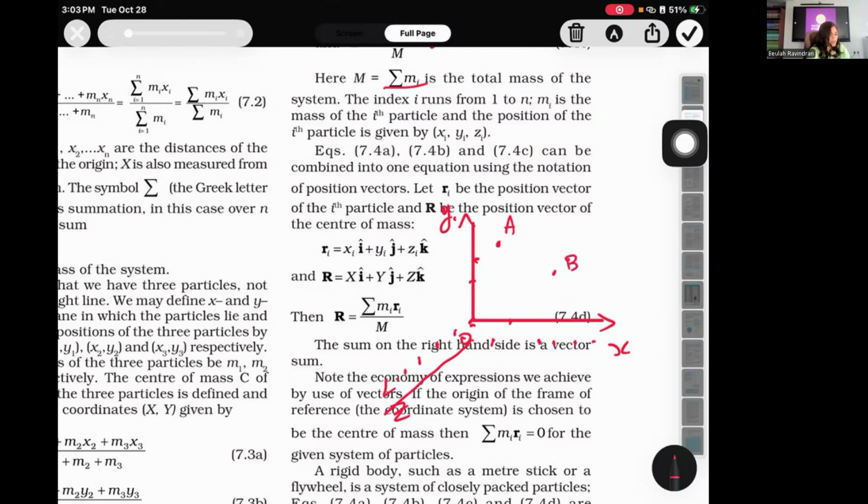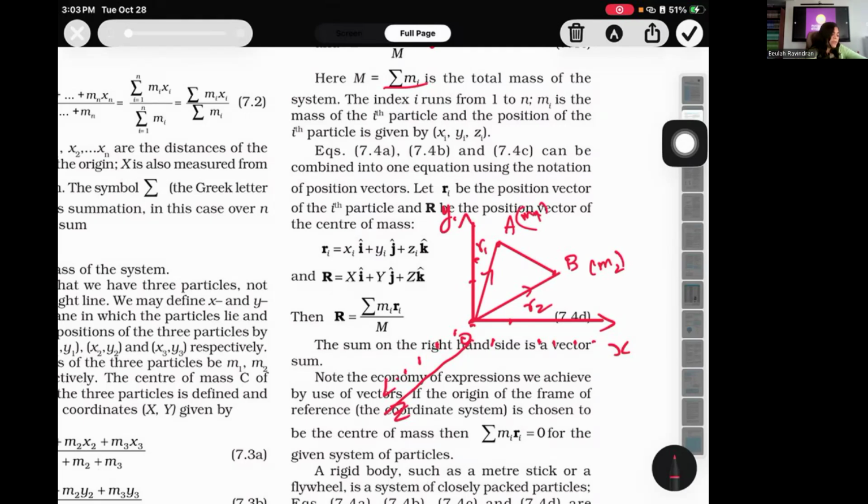So the position vector of this particle is R1. The position vector of this particle is R2. Okay, where the center of mass lies in between. See, for example, the mass of the first particle is m1, the mass of the second particle is m2. Where the center of mass lies in between, you can better draw this diagram along with this video. Otherwise, you can't understand how it comes.